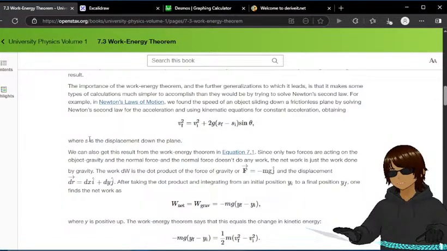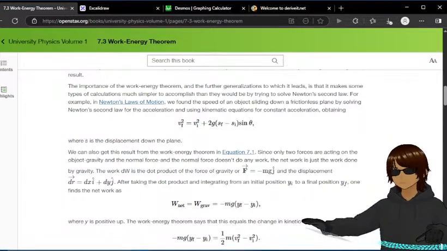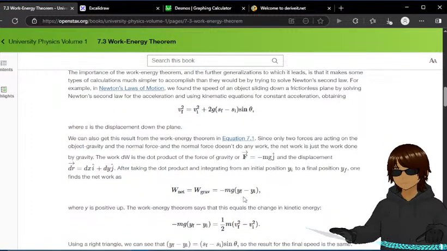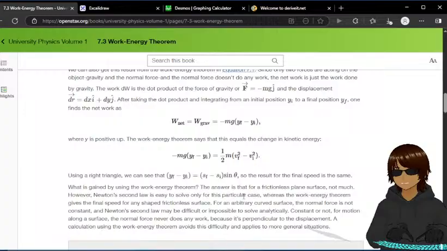We can also get this result from the work energy theorem. Since only two forces are acting on the object, gravity and the normal force, and the normal force doesn't do any work, the net work is just the work done by gravity. The work dW is the dot product of the force of gravity and the displacement. After taking the dot product and integrating from an initial position to a final position, one finds that the net work is mg(yf minus yi).